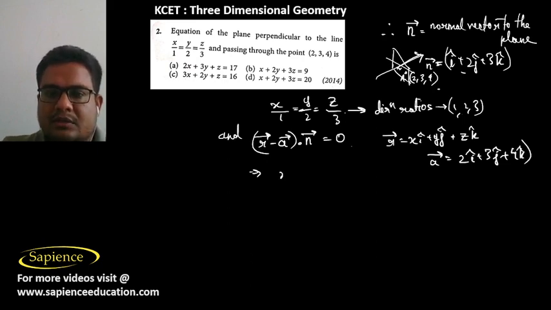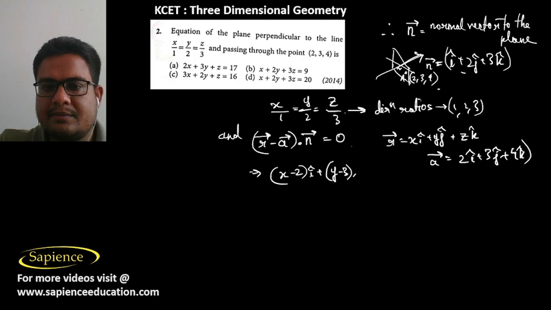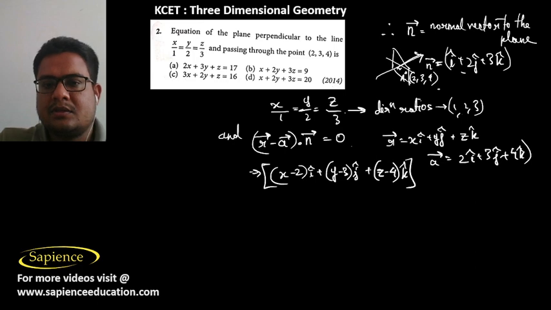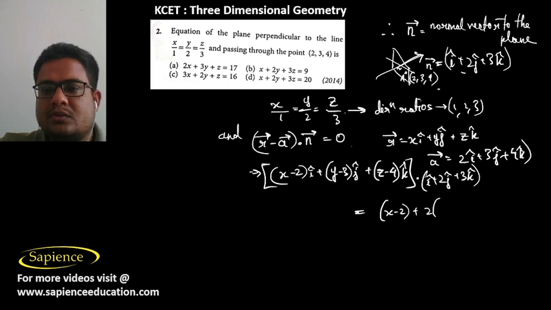r minus a is (x minus 2) i cap plus (y minus 3) j cap plus (z minus 4) k cap. If you take its dot product with the n vector, that is i cap plus 2j cap plus 3k cap, that is equal to (x minus 2) plus 2 into (y minus 3) plus 3 into (z minus 4), which is equal to 0.